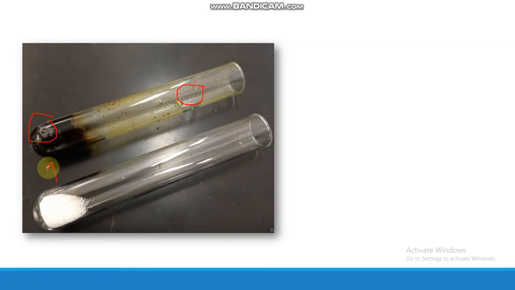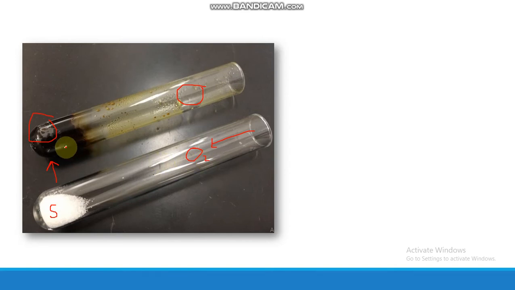Upon heating, it needs heat, but we also have an invisible reactant, which is oxygen, that came from the air, because as you can see, the test tube is open, so the air can enter. So the reactants here are the sugar and the oxygen, O2.